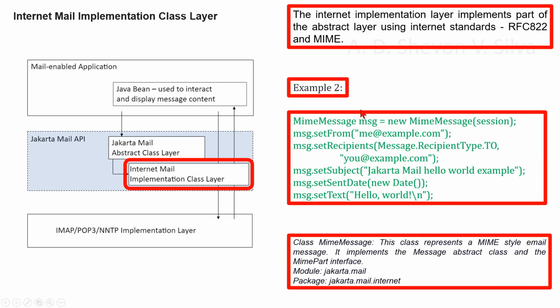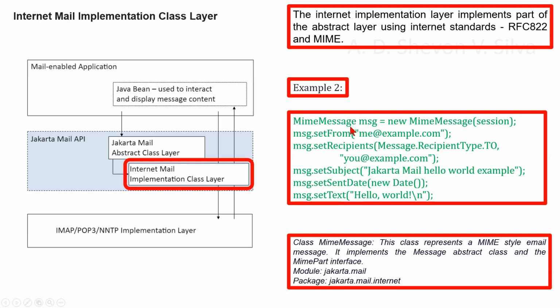As example 2, we can consider this code segment. Here the class MimeMessage represents the MIME style email message. It implements the Message abstract class and the MimePart interface.